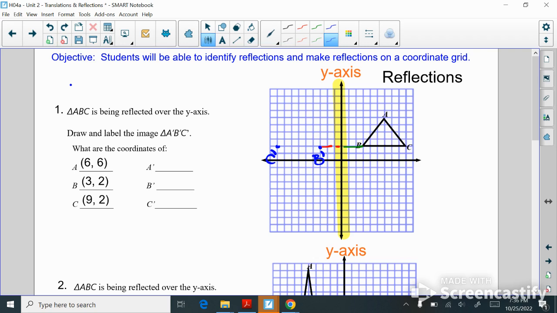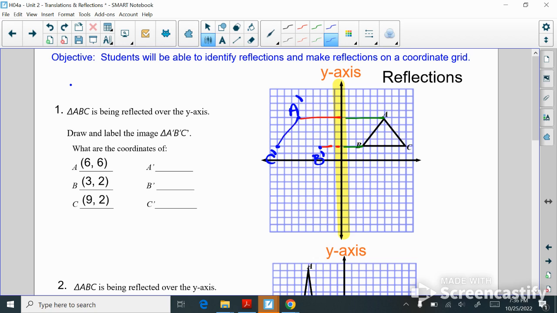And then again, A right here is 6 away from the y-axis. So again, it needs to be 6 away from the y-axis on the other side. And here would be A prime.